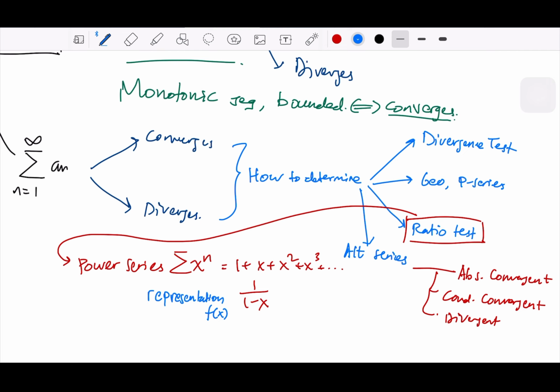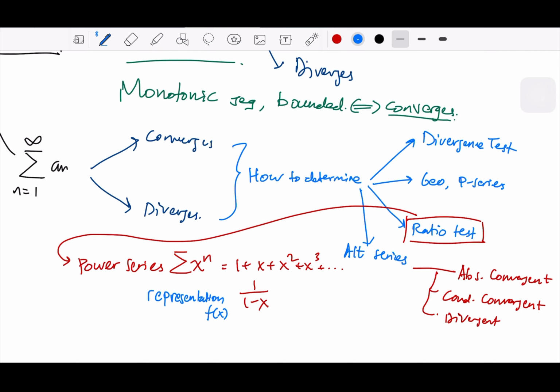Still on power series, remember that you have n and x. You take the limit in n to find convergence, but you also have x. For example, in the earlier convergence and divergence, if it converges, you know exactly the number: it converges to 5, or 4, 2, 3.